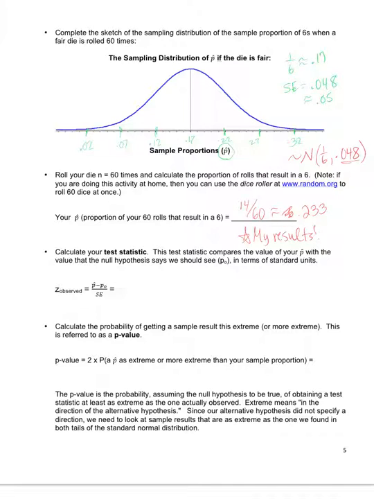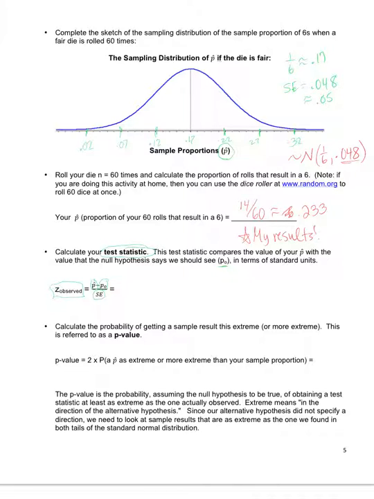So keep in mind this is specific to your sample. So this test statistic compares the value of your p-hat with the value that the null hypothesis says we should see, which is p subscript 0, or p naught, in terms of standard units. So we're doing a z-score. Same idea as we did when we did z-scores earlier. We take our observed value, it's a value from our sample, compare it to the center of our distribution, and divide by the standard error of that distribution.